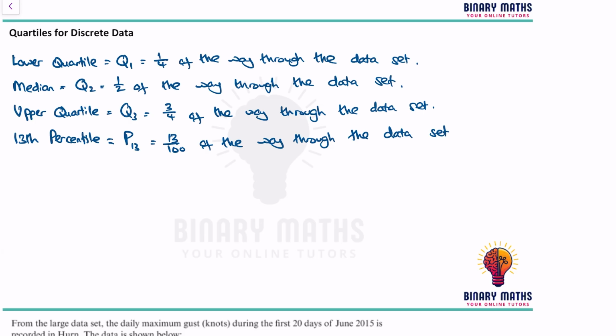And we can also have, for example, the second decile, which is D2, which would be 2 out of 10 of the way through the data set. So obviously you can also work out the fifth decile, the 72nd percentile, so on. It still means the same thing. So you just change n accordingly. So if we call this Pn, then it'd be n out of 100. If it's nth decile, then it's n out of 10 of the way through the data set.